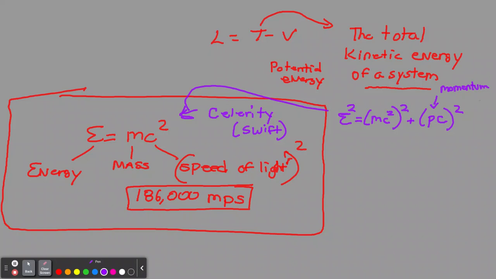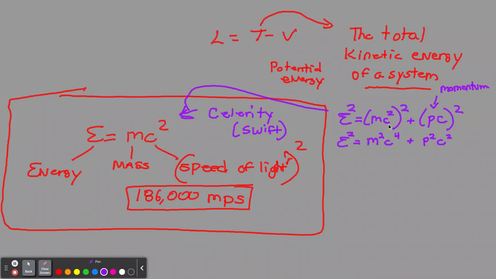Let's use math now to break this down. If we just wanted to solve for E, not E squared, what can we do? First, let's clear this out. If we do a power to a power, we have m to the second power and c to the fourth power, and then p to the second, c to the second, just remembering your exponent rules.